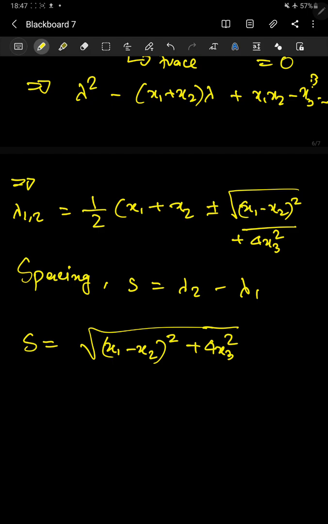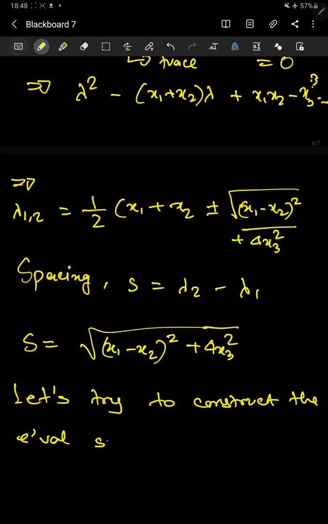Okay, now let's try to construct the spacing probability distribution.